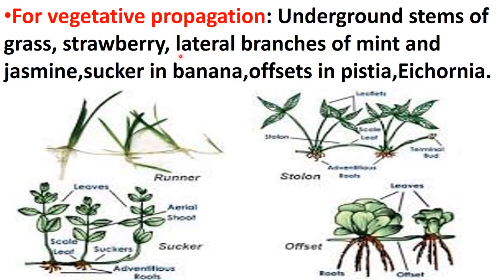Second type is the lateral branches of mint and jasmine. These lateral branches are also modified stems, and these are called stolons, as you can see here. These stolons are lateral branches in the case of mint and jasmine, and they are also helping in vegetative propagation.